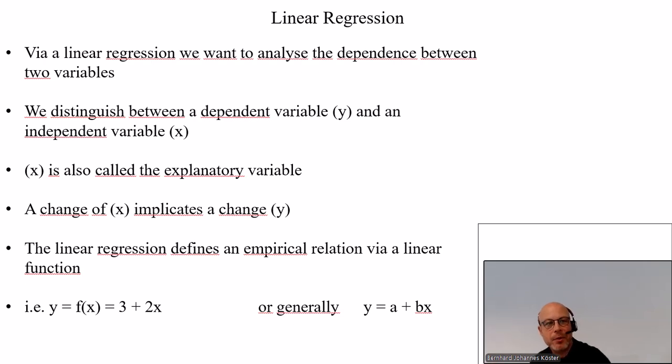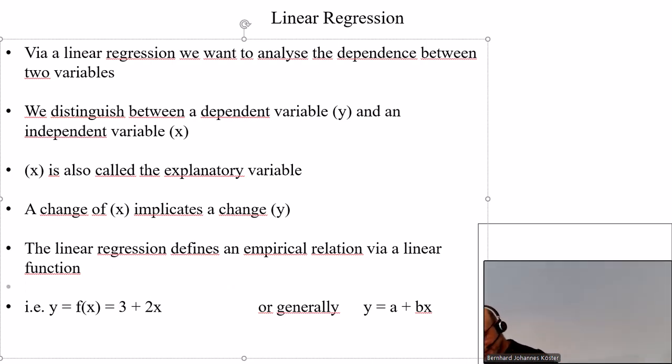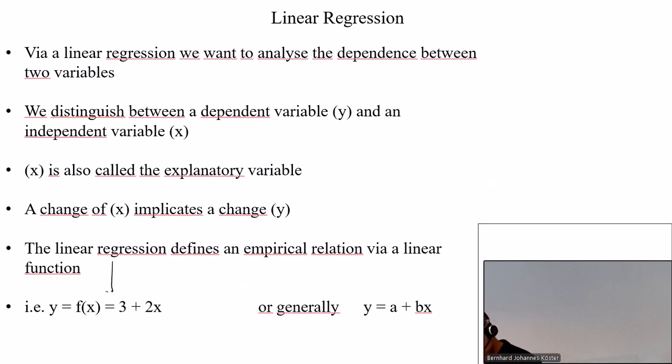And now we make the hypothesis that we have a linear dependence. So hopefully in mathematics you have talked about linear lines. This is one general possibility, that you have a linear function 3 plus 2 times x. Do you remember how this function looks like? F of x, 3 plus 2x.